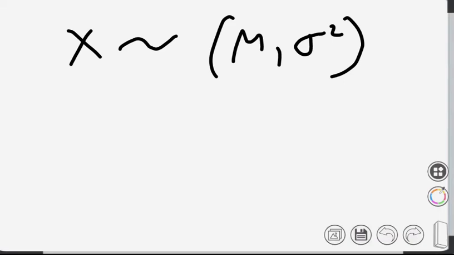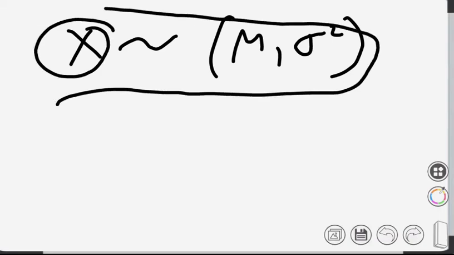Mind that x follows any distribution, whether it's normal, binomial, Poisson, or logarithmic. There are several other distributions, we are not considering them.